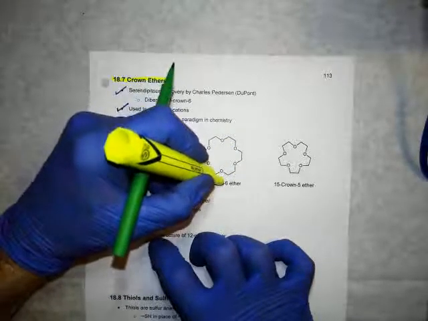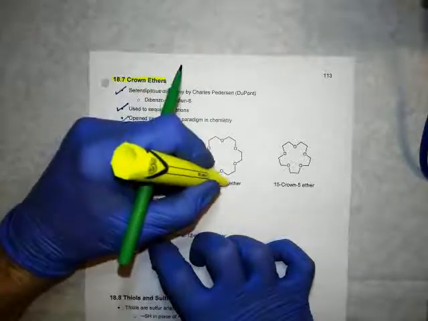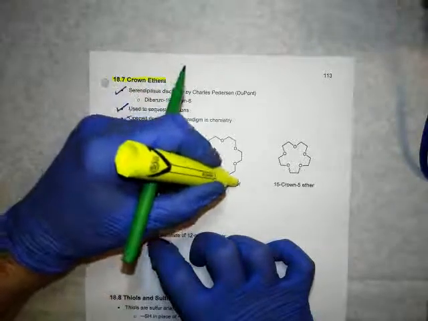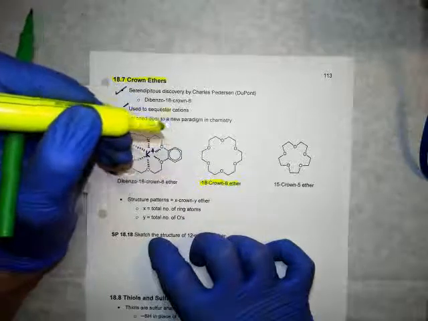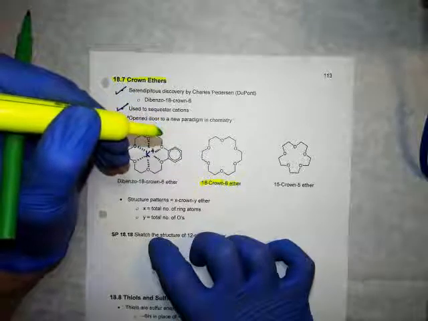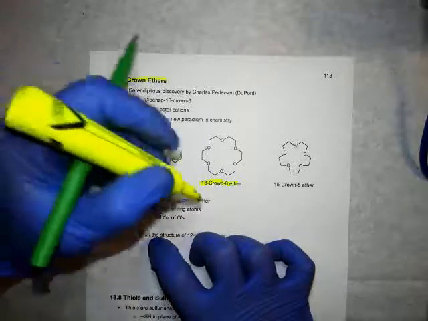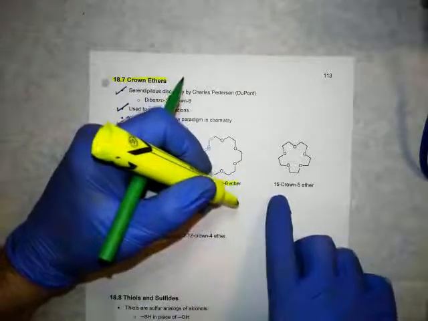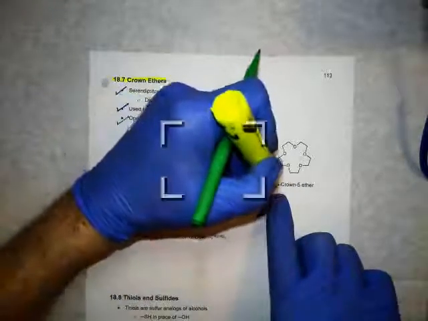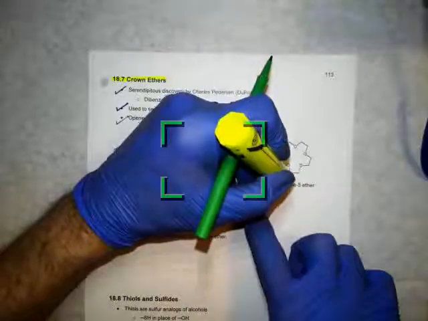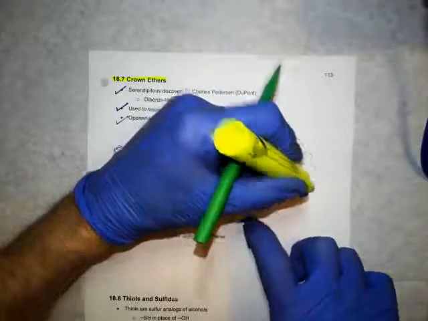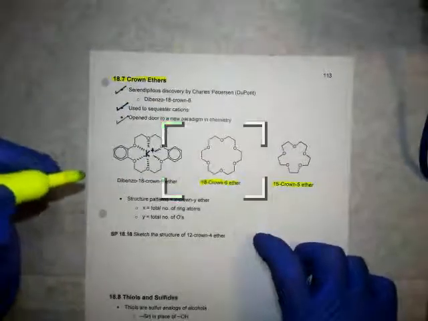Shaped like a crown. 6 refers to the number of oxygens. And finally have the word ether. So this is 18 crown 6 ether. Over here the same, smaller. 15 crown 5 ether. There's 15 atoms in the ring, 5 oxygens, and it's an ether. So this is 15 crown 5.